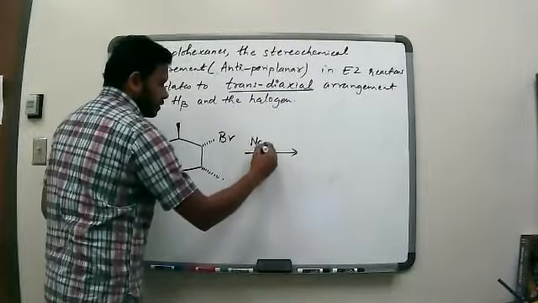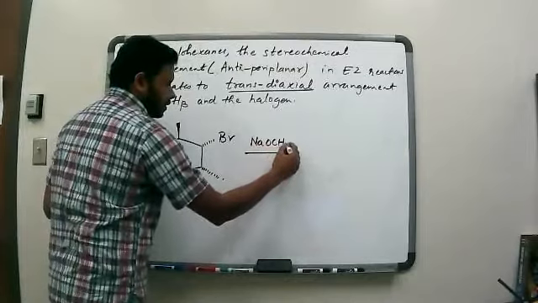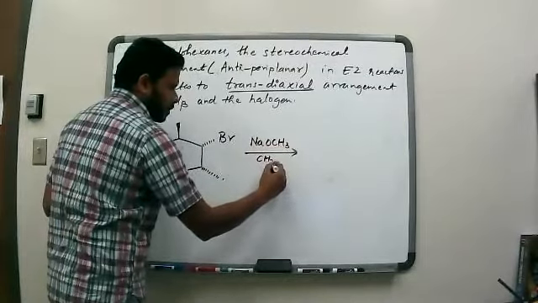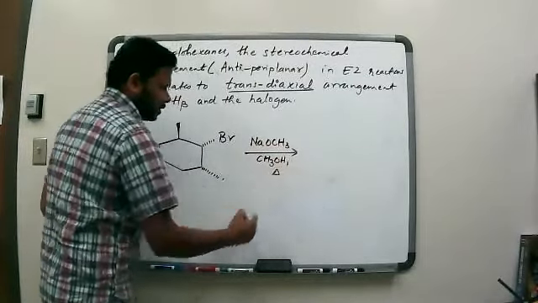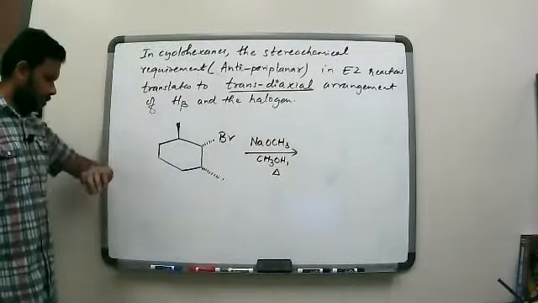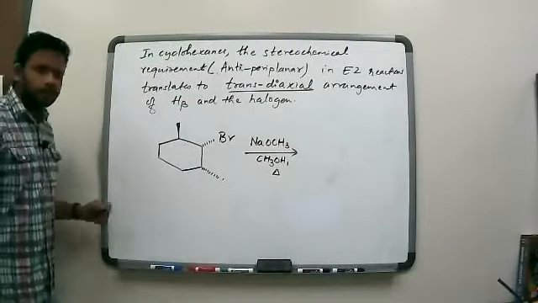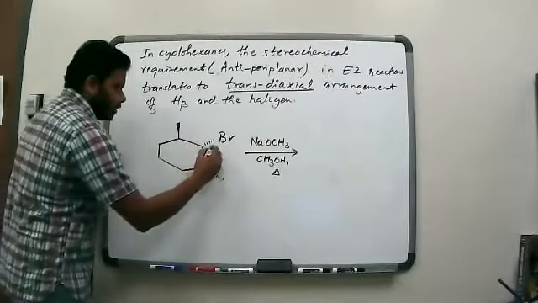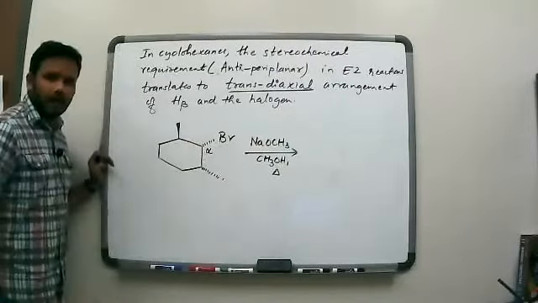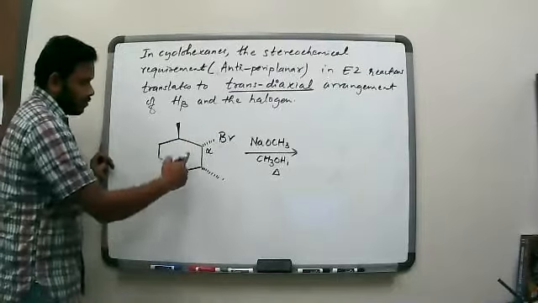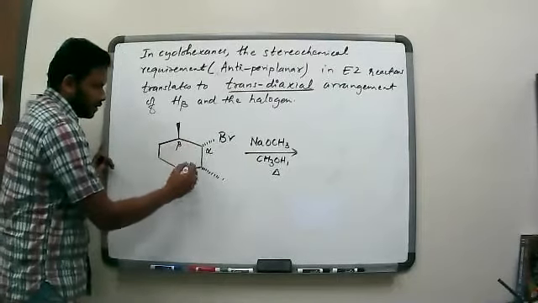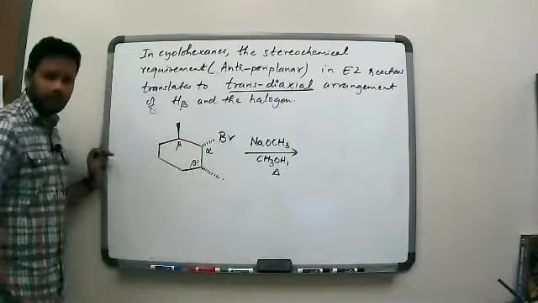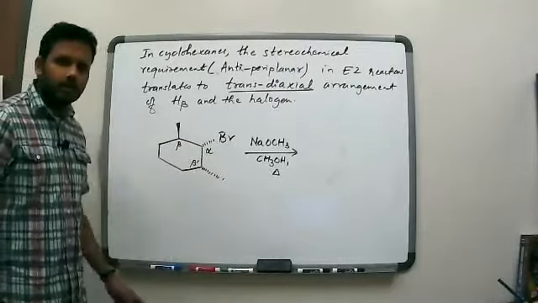So let's just say this is NaOCH3 with methanol and heat. Okay, that's the E2 reaction that we're talking about. So this is our alkyl halide. This is alpha. That means we have beta and we have beta prime. So we have two possible beta carbons here.